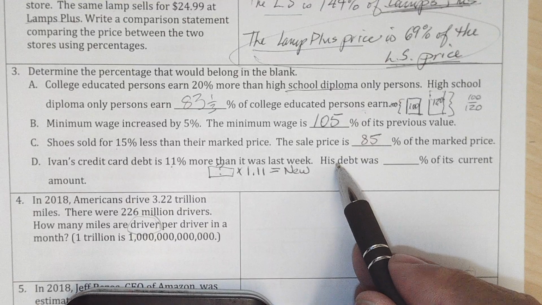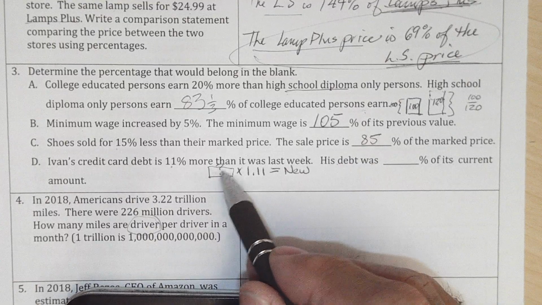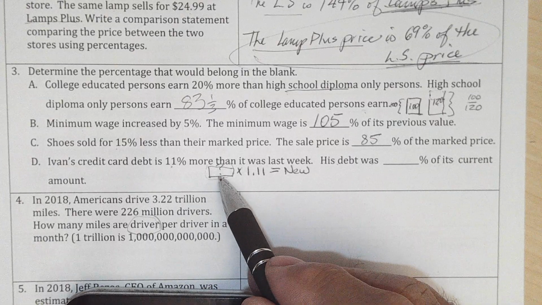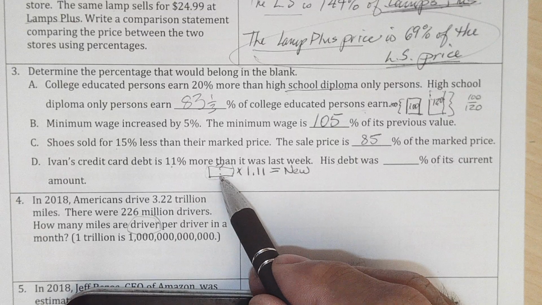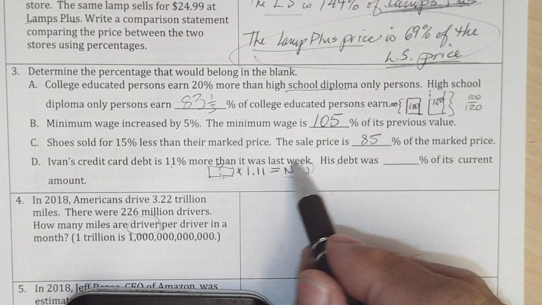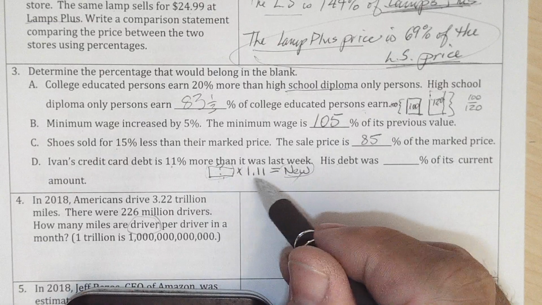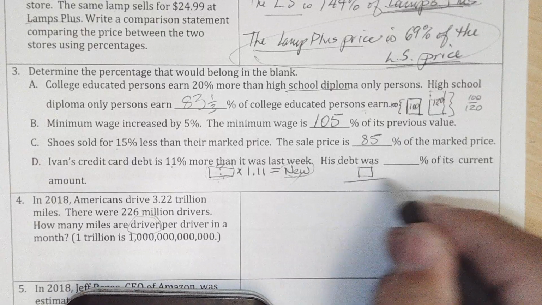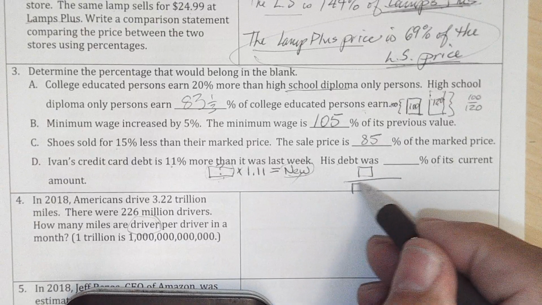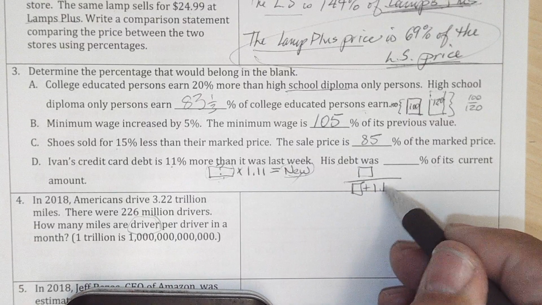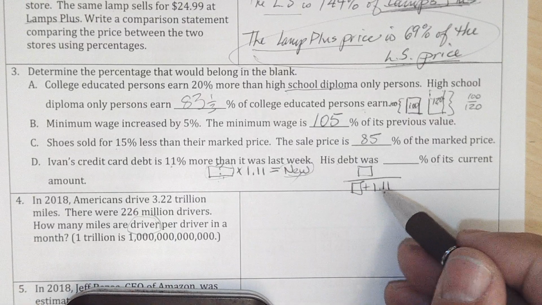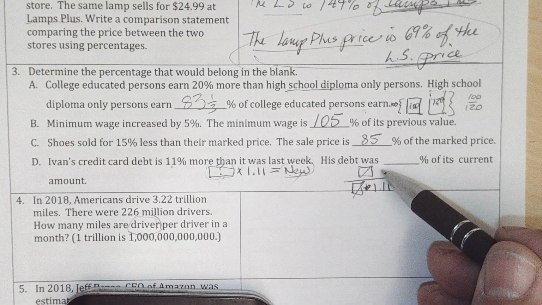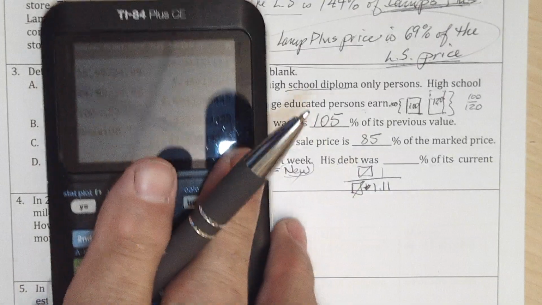And they want us to say his old debt is what percent of the current debt, so we got to go with the new. So we're going to divide by the new, compared to the old. So we got the old over the new, which is the old times 1.11. So these cancel, and we get 1 over 111%.